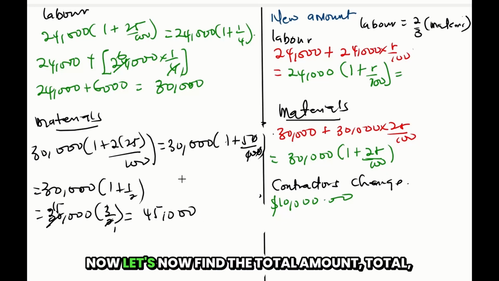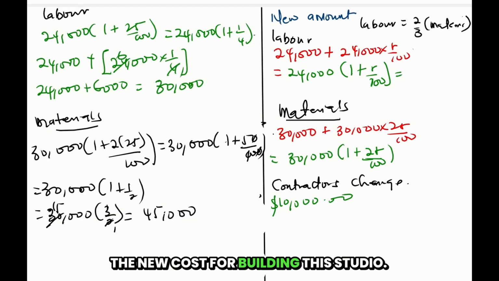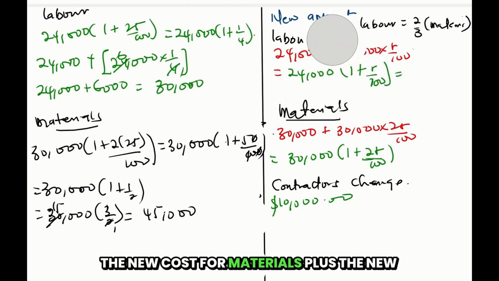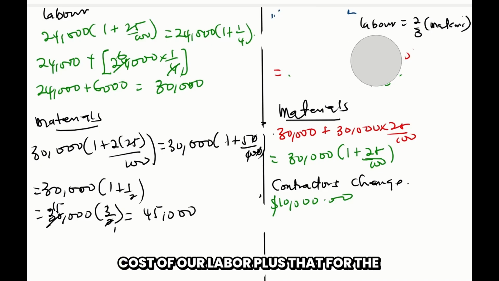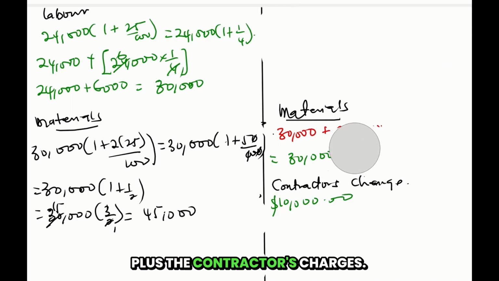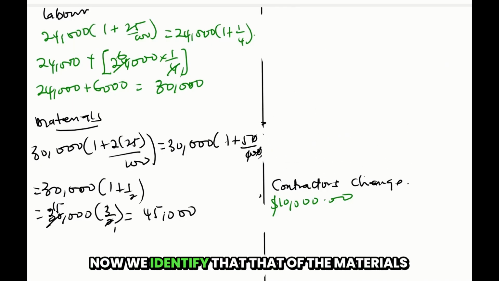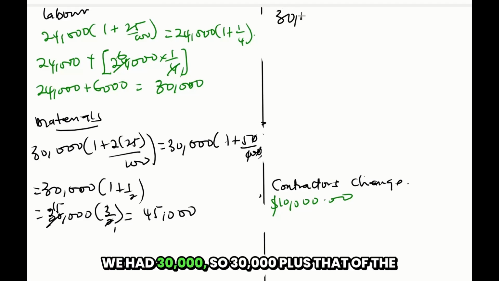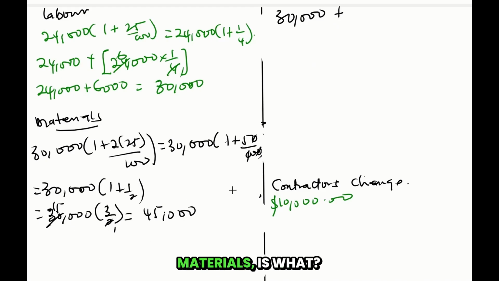Okay. Now let's find the total amount, the new cost for building the studio. And that is going to be the new cost for materials plus the new cost of our labor plus that for the contractor's charges. For labor we had 30,000, so 30,000 plus that of the materials, which is 45,000.